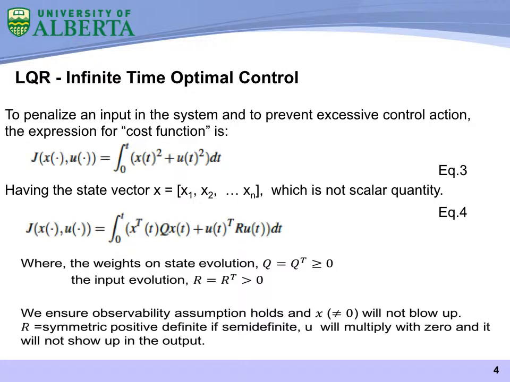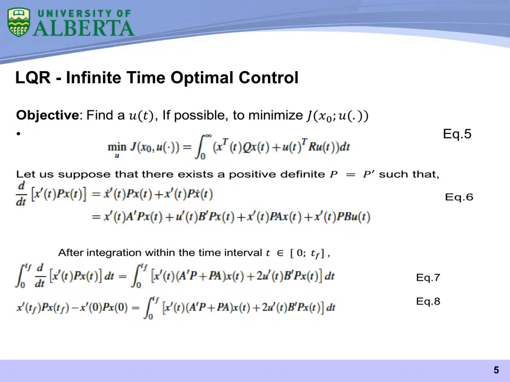In other words, we want to ensure that R is symmetric positive definite. Therefore, we have an infinite time optimal control problem, and the solution is to find the input u(t), if possible, by minimizing this cost. The cost again is a quadratic form with respect to the evolution of the state and the evolution of the input, subject to x dot equals Ax plus Bu.